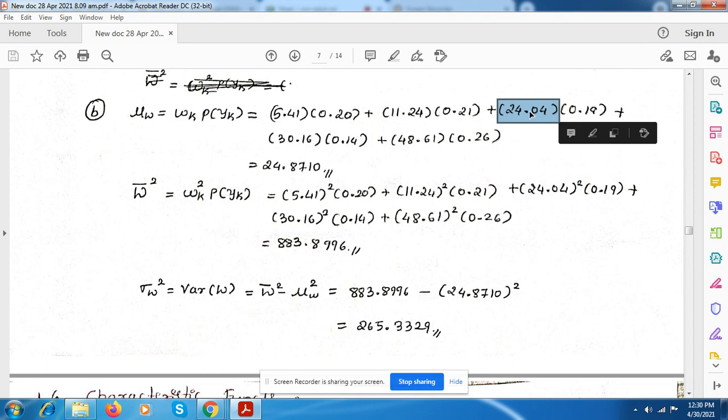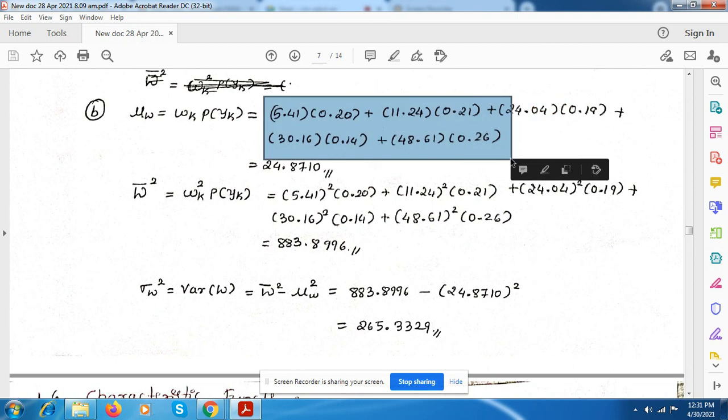This is the probability of this value. Next we have 30.16 into its probability value 0.14. Then the next value is 48.61 into 0.26.